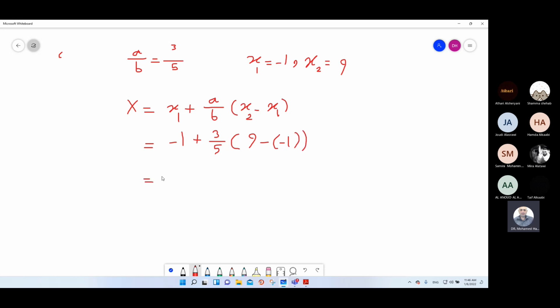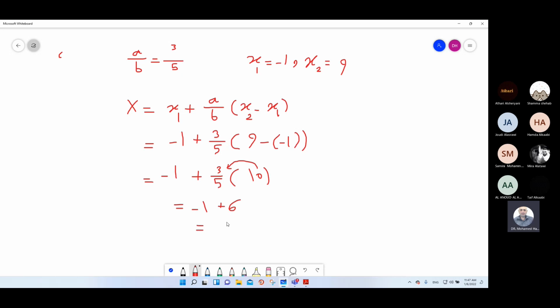So here we have negative 1 plus 3 over 5 times. Now 9, and negative times negative is positive, 9 plus 1 will be 10. So negative 1 plus 10 times 3 will be 30. 30 divided by 5 will be 6.